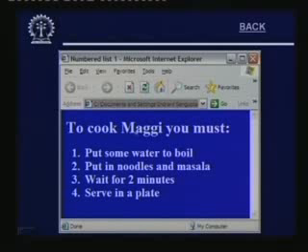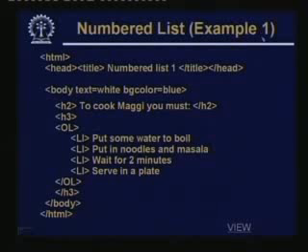The H2 heading will come on top, to cook Maggi you must, and within that are the 4 list items, and the numbering scheme we have used is 1, 2, 3 and 4. So, this example shows how you can use the default numbering scheme.